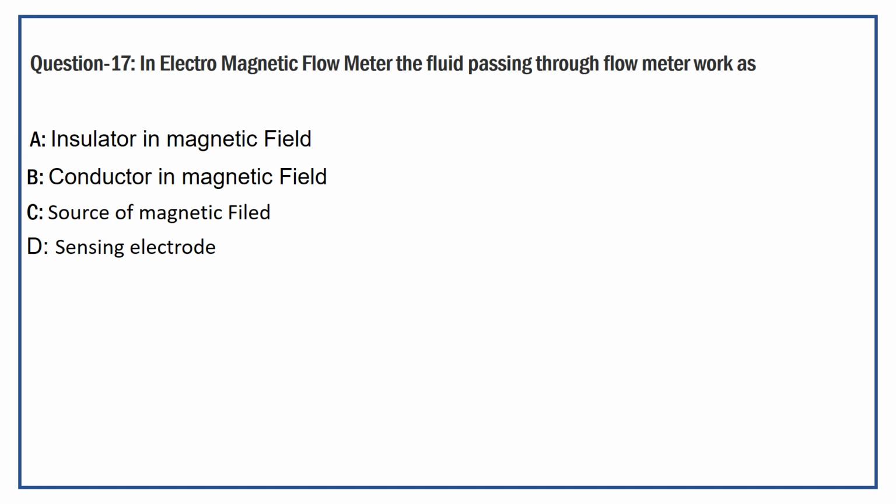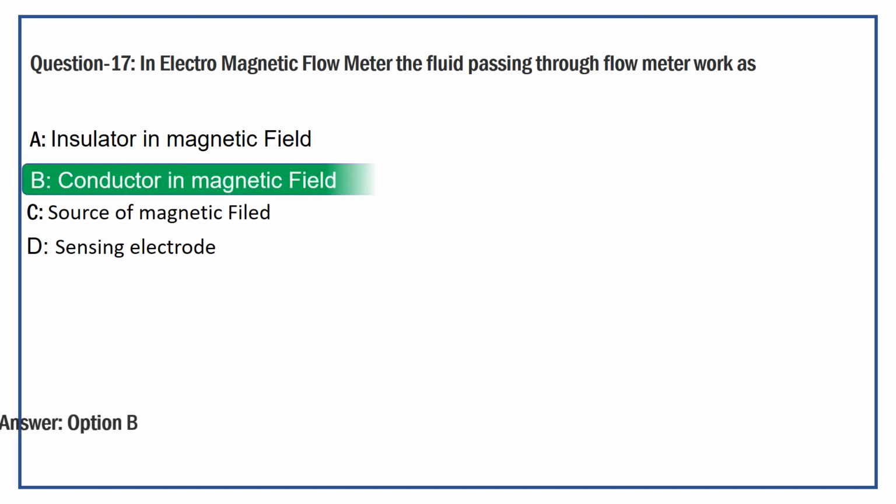And the correct answer of this question is option B, conductor in magnetic field. Yes friends, the fluid passing through electromagnetic flow meter works as conductor in magnetic field, and a proportional electromotive force is generated in the conductor.